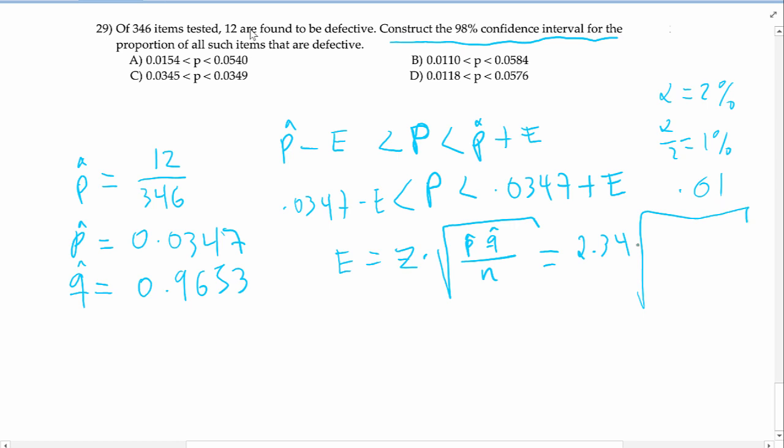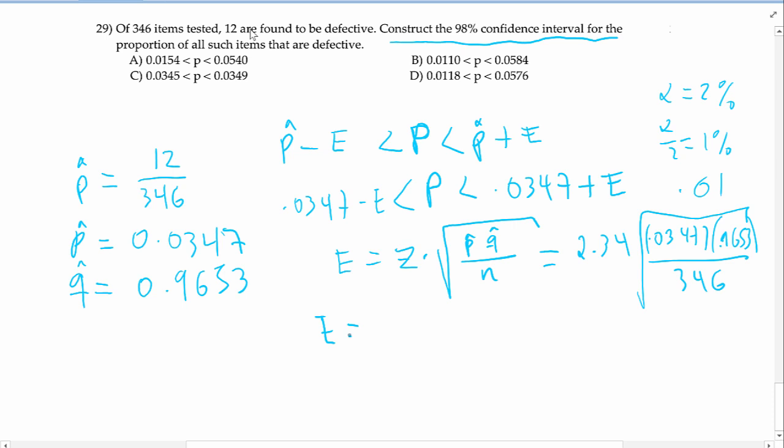And then this is 0.0347 times 0.9653 over, what is the sample size? 346.